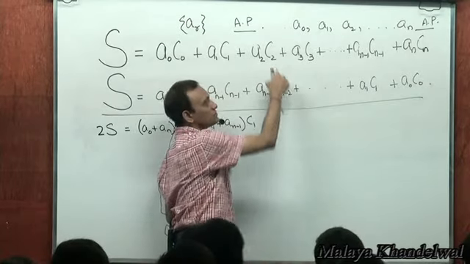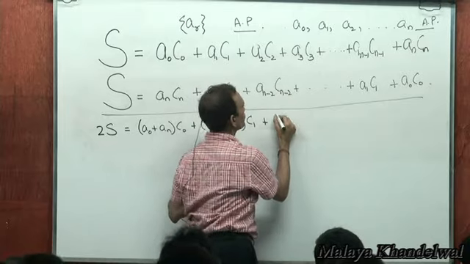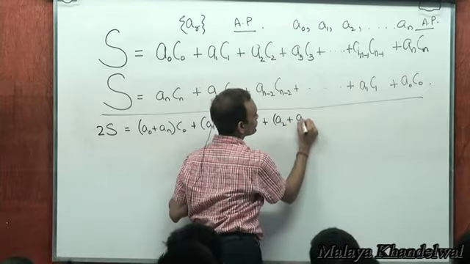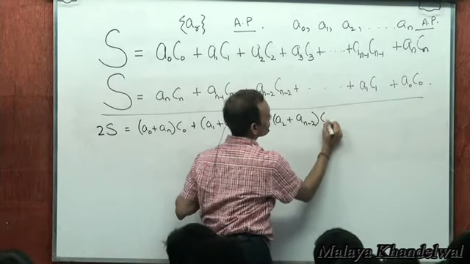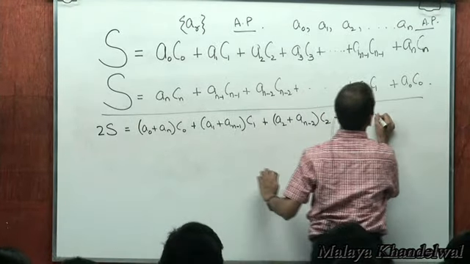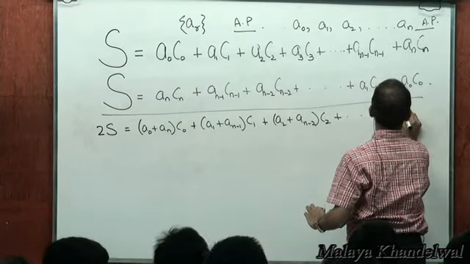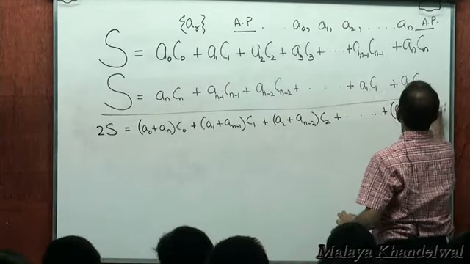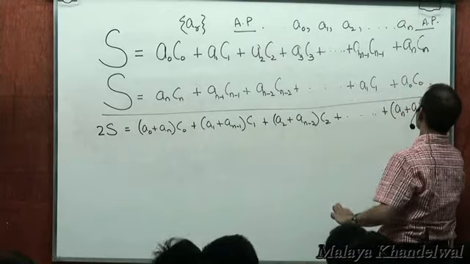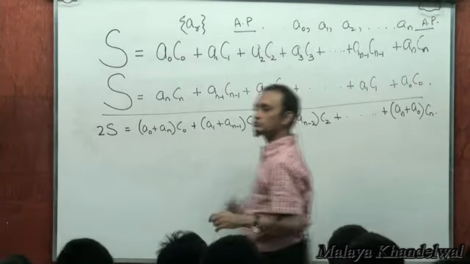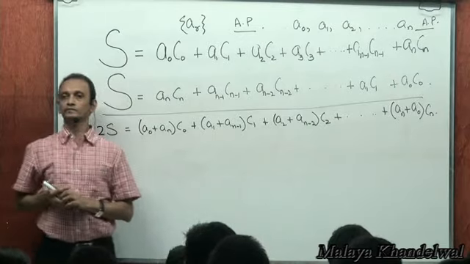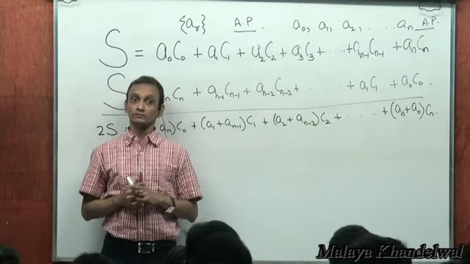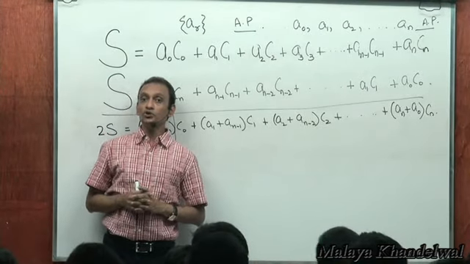Take C2 common. C2 is the same as C(n-2). Cn is the same as C0, so I take Cn common. Yes or no? Tell me. Sounds good? Perfect?